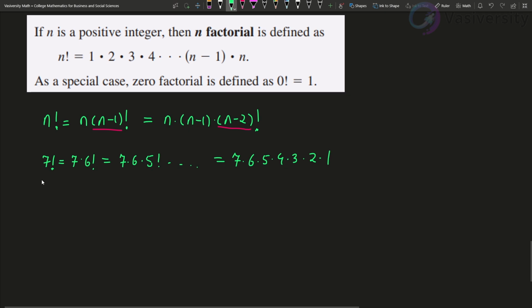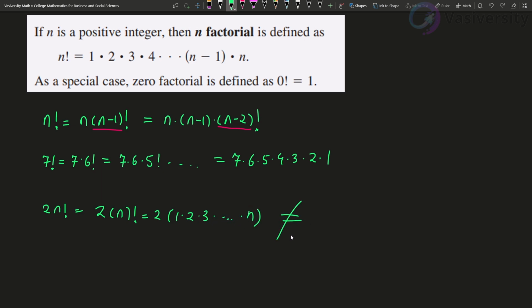They are different. If you're trying to do 2 times n factorial, that is going to be 2 times 1 times 2 times 3 times up to n. And it's not the same thing as (2n) factorial, because (2n) factorial would be going for 2n components. It would be 1 times 2 times 3 times 4 up to 2n.